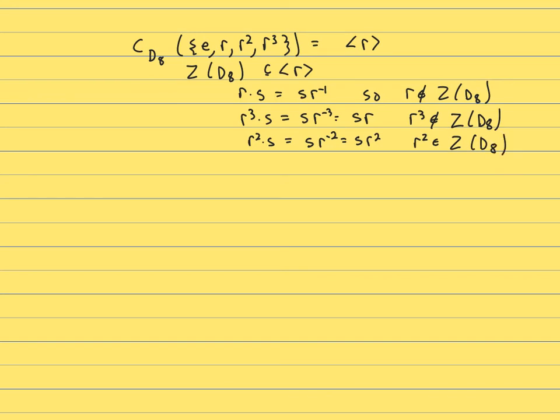One still has to check, of course, that R squared commutes with any other element SR to the I, but R to the negative 2 is the same as R to the 2. And so it does in fact commute. So R squared is in the center, and the identity is in the center. So we see that the center of D8 is in fact E and R squared.